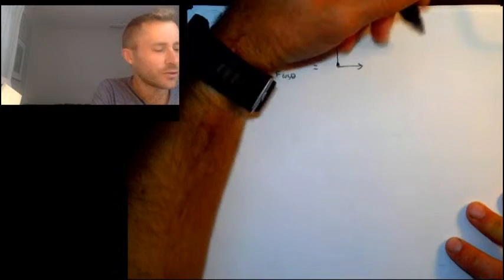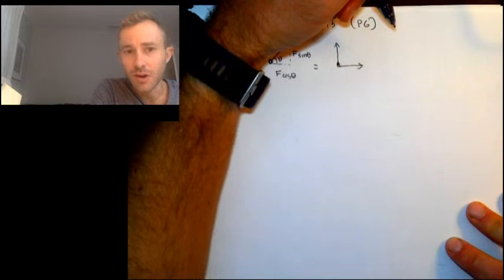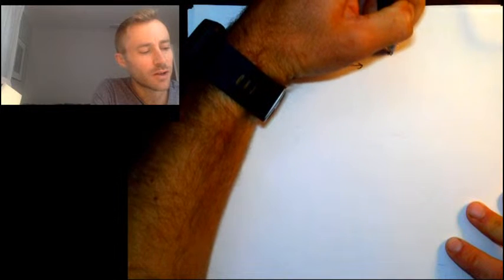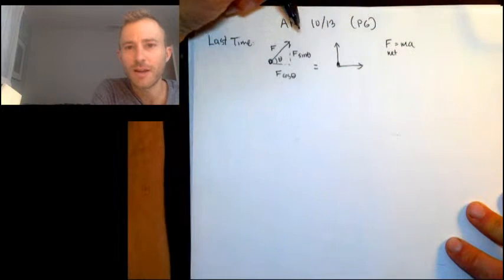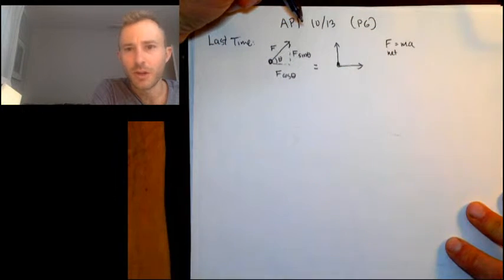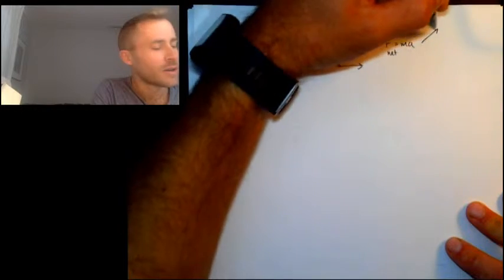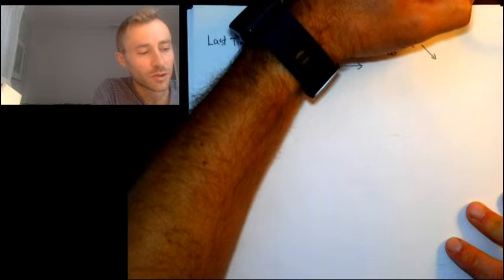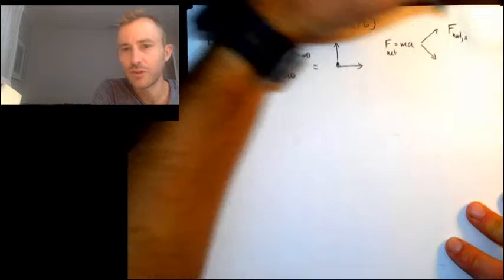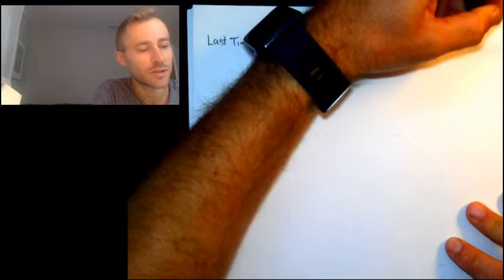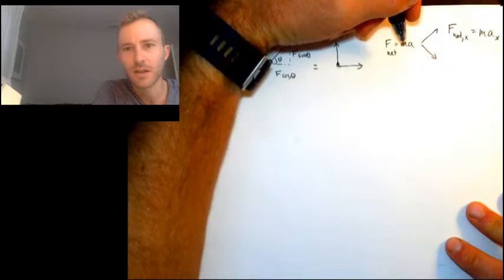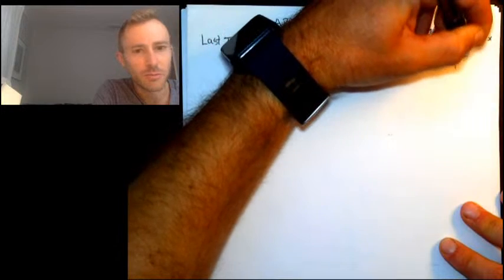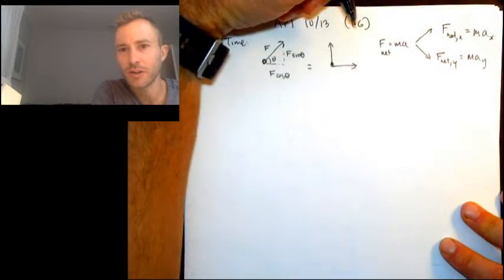We learned about applying Newton's second law when something is moving two-dimensionally. Newton's second law says that the net force equals ma. And when you have something moving two-dimensionally, Newton's second law applies both horizontally and vertically. So the net force in the x direction equals mass times the x acceleration, and the net force in the y direction equals mass times the acceleration in the y direction.